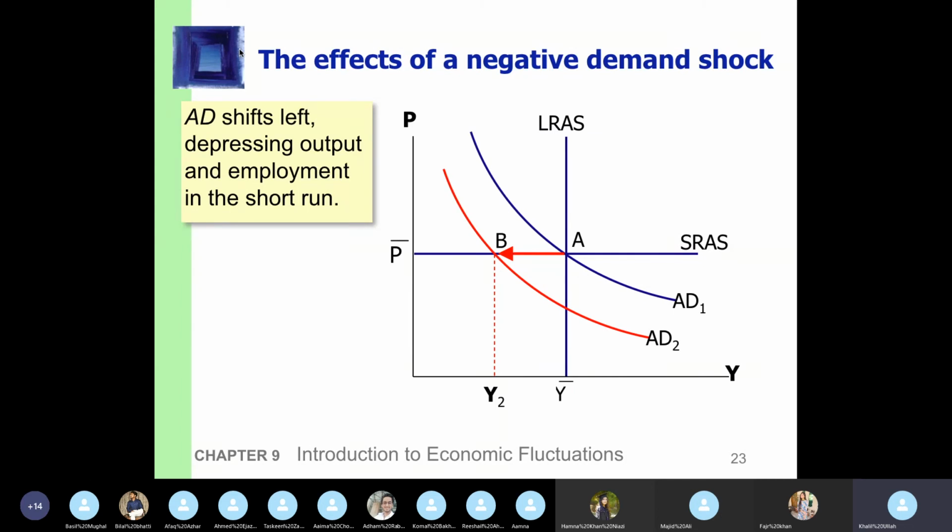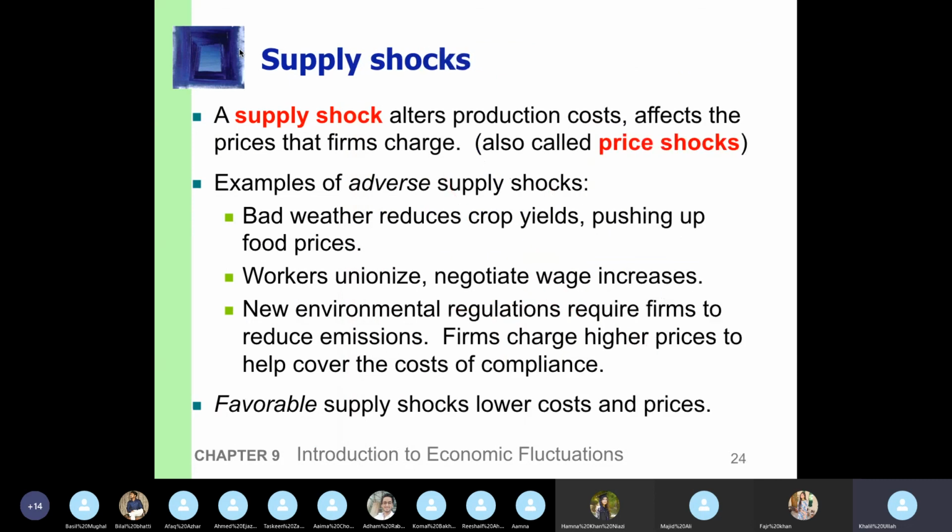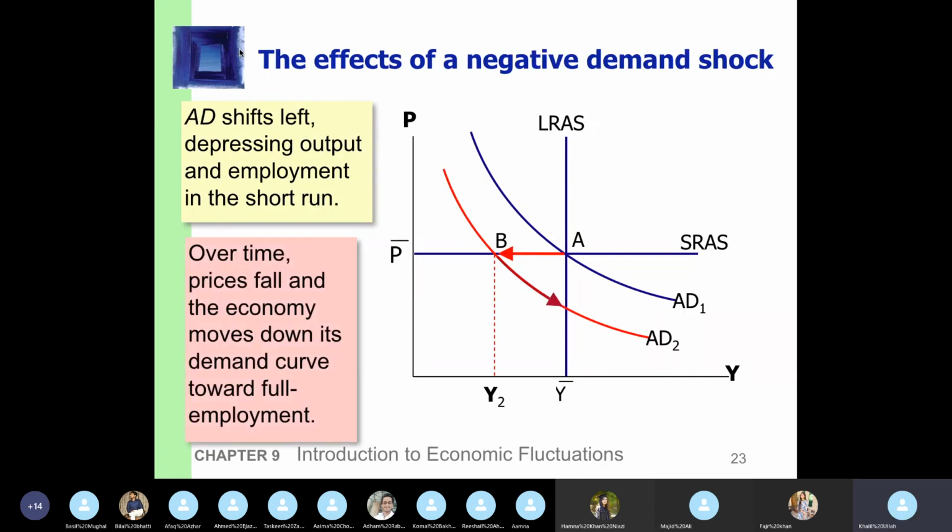When GDP falls, unemployment increases, but price levels are constant in the short run. In the long run, the economy starts to move towards point C, and at point C, price levels go down. Over time, prices fall and the economy moves down its demand curve towards full employment again. This is a negative demand shock.